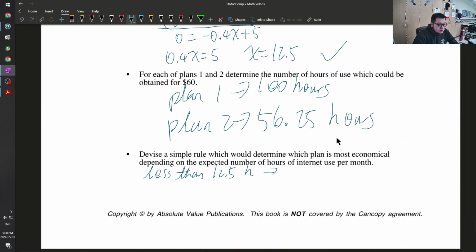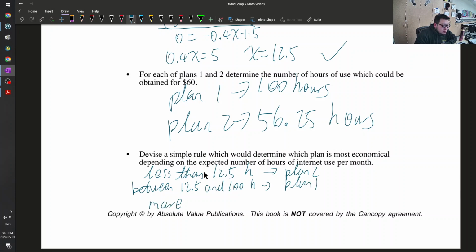Less than 12.5 hours, plan 2. Between 12.5 and when plan 1 and plan 3 cancel out, it is 100 hours. Then between 12.5 and 100 hours, we're going to use plan 1. And more, plan 3.